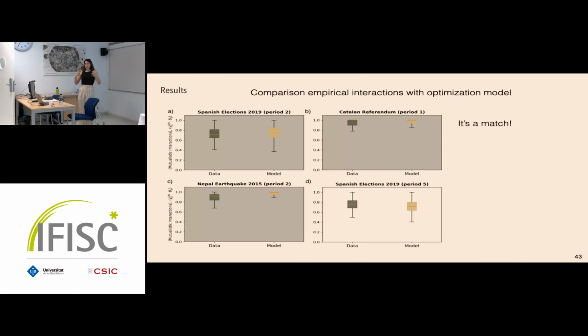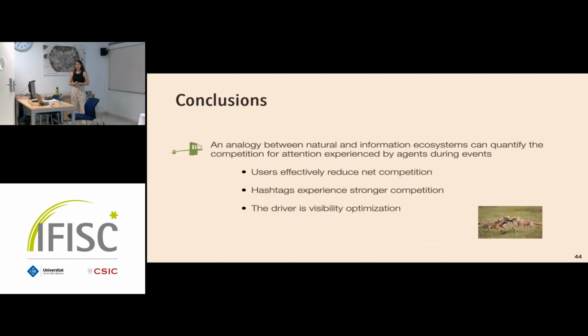We obtained that the structure and the mean mutualism that the users finally managed to obtain were very similar to the empirical one. So we were confident to say that, thanks to this bridge between ecological and information ecosystems, we were able to describe how competition and mutualism evolve during events, and to point to the driver, which is the optimization of visibility.